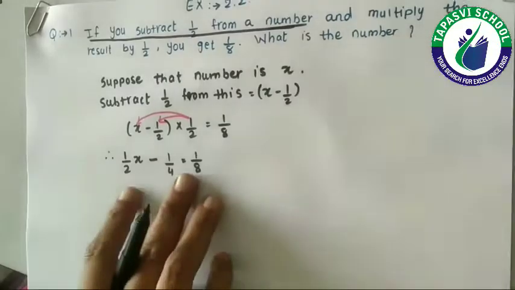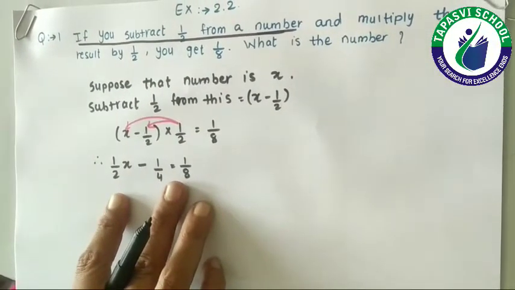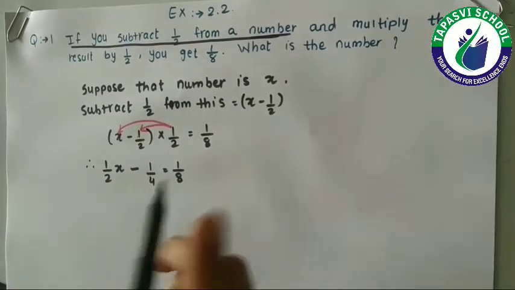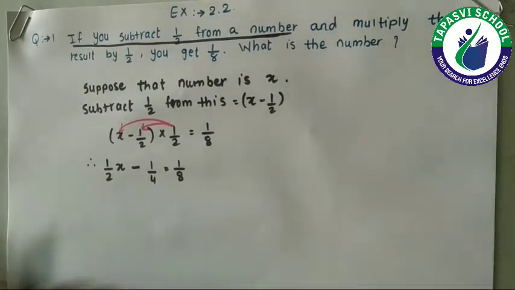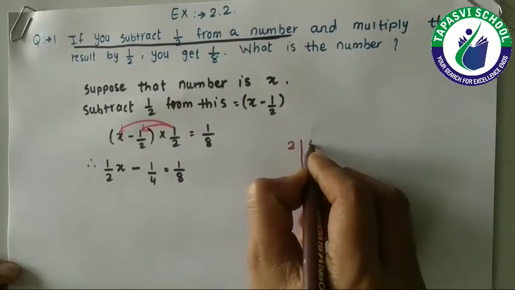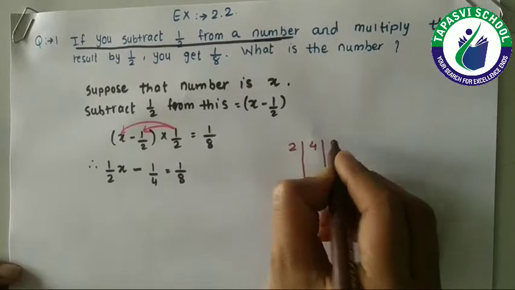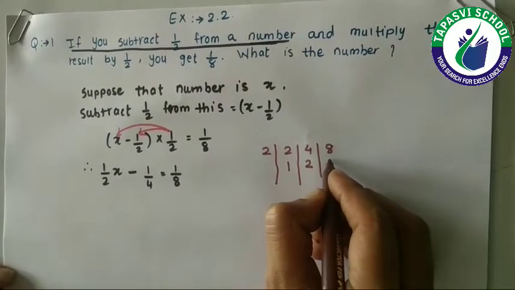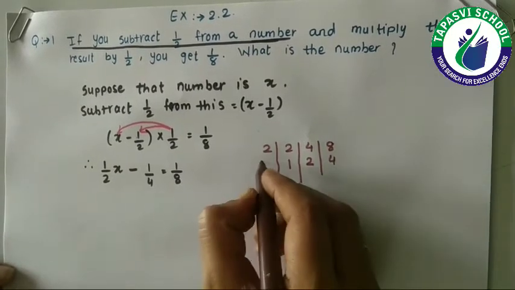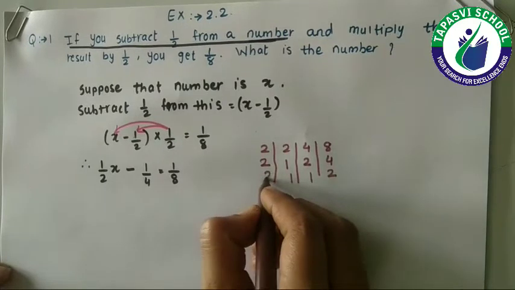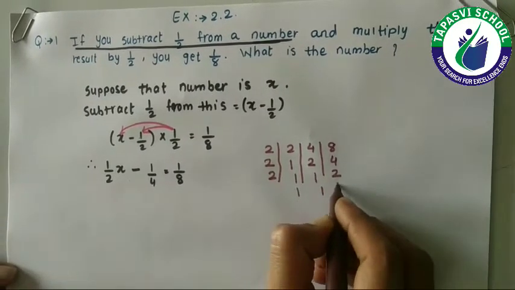Now students, here again my equation is in a fraction format. So again I will take LCM. LCM of 2, 4 and 8. Here 2 1s are 2, 2 2s are 4, 2 4s are 8. Here 2, 1, 1, 2 and again by 2, 1, 1.